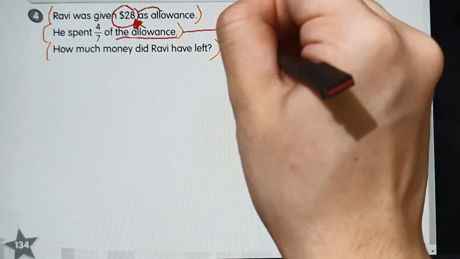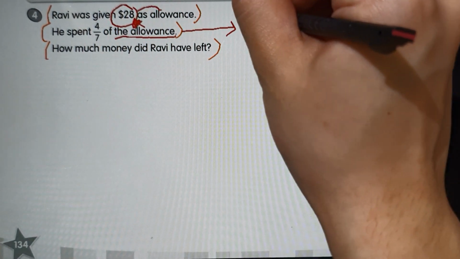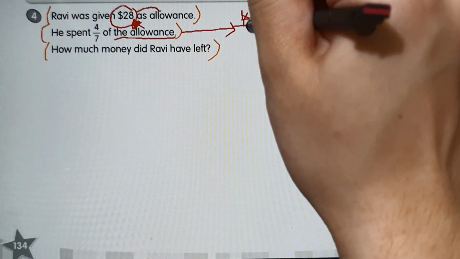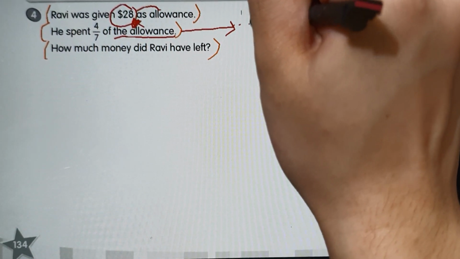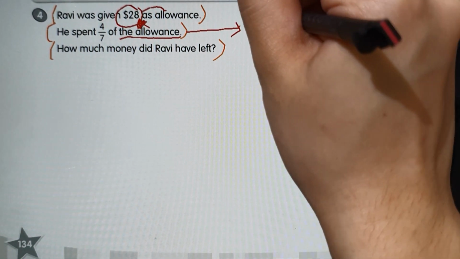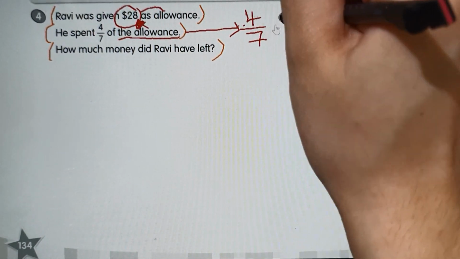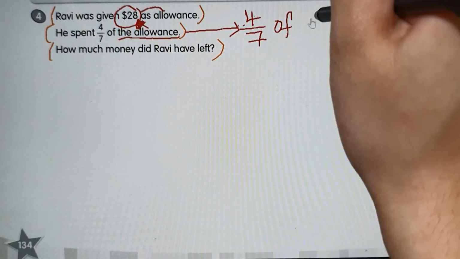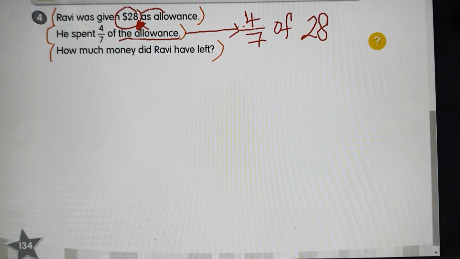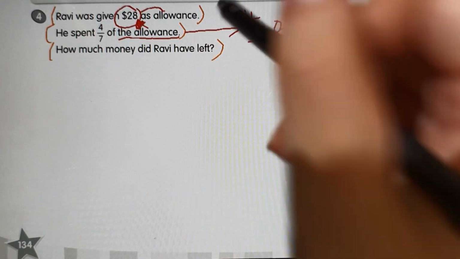Which means from this sentence, I know that it actually meant 4 out of 7 of 28. So, how much money did Ravi have left?